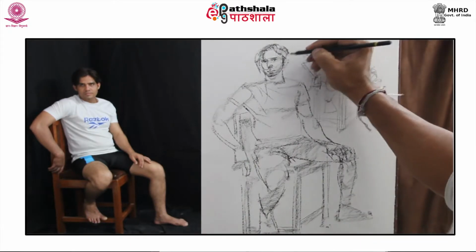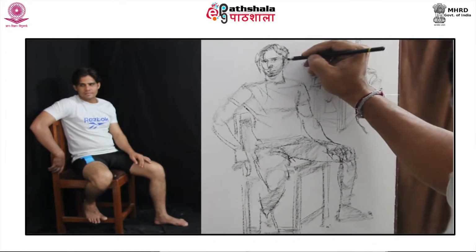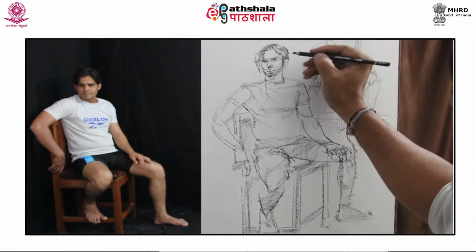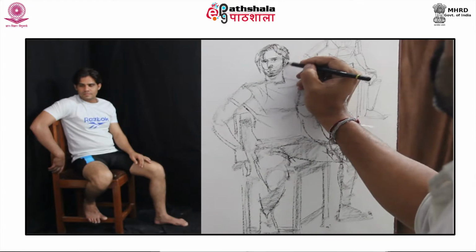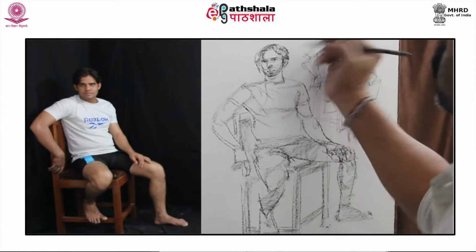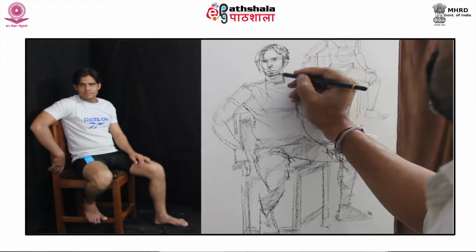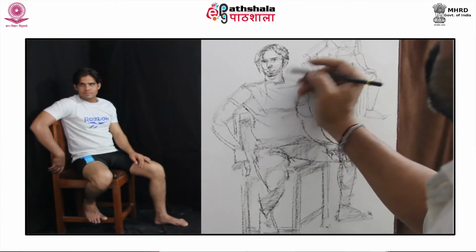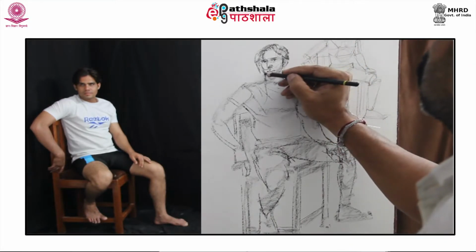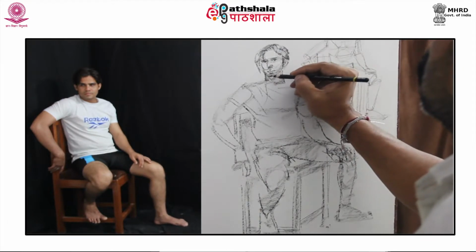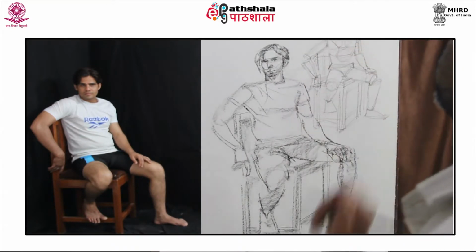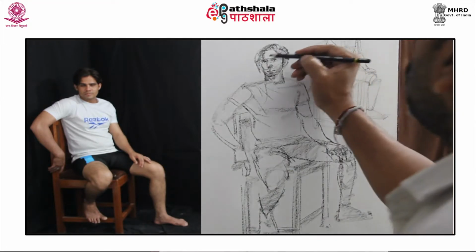Then draw the earlobes near the ears and complete the drawing of the ear. Give a roundness to the neck with dark tones and also slightly darken the areas on the right side of the face to show light and shade and roundness of the face.